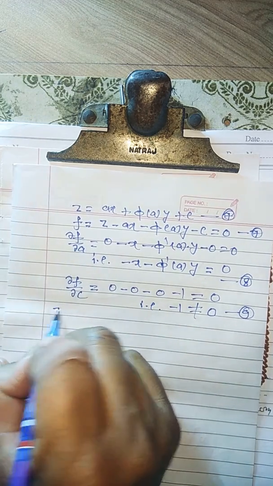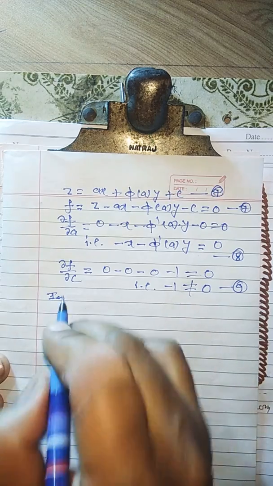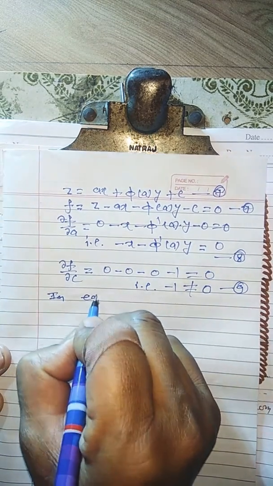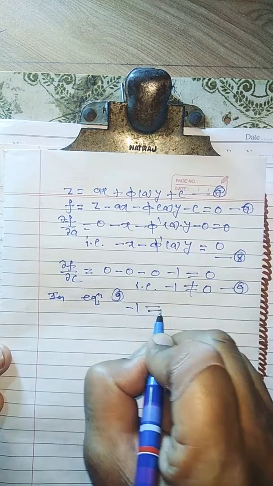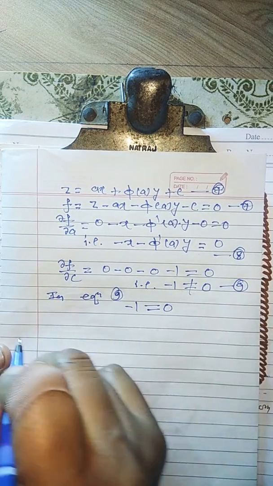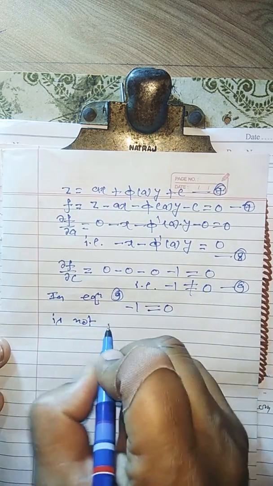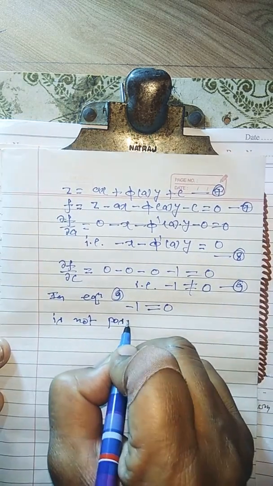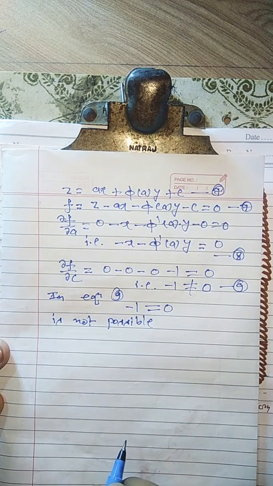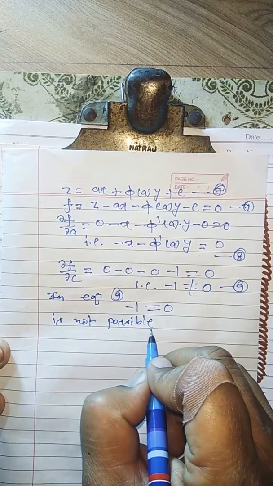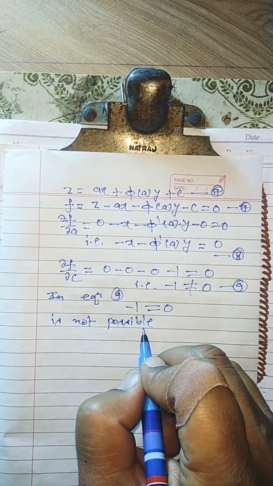In equation 9, minus 1 equal to 0 is not possible. Minus 1 equal to c is not possible.